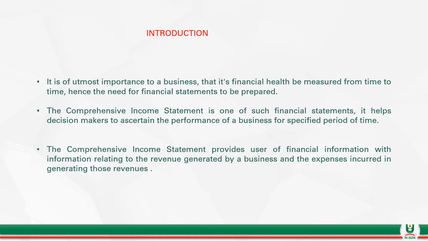It helps decision makers to ascertain the performance of a business for a specified period of time, usually 1 year. A statement of comprehensive income provides the user of financial information relating to revenue generated by a business and the expenses incurred for generating such revenues.